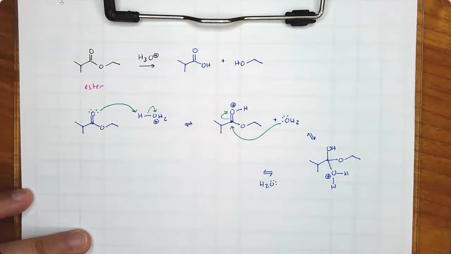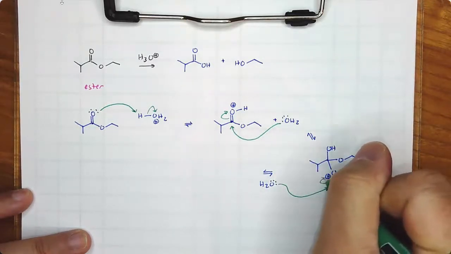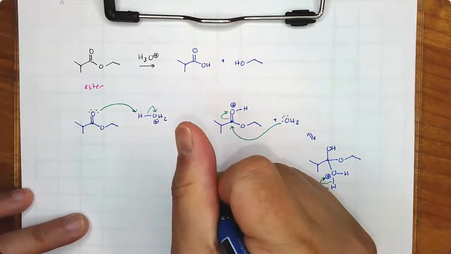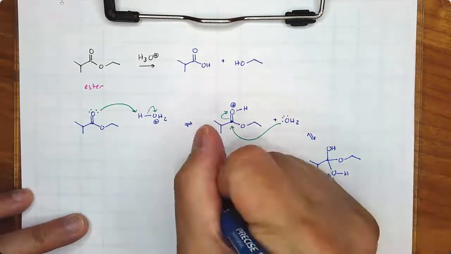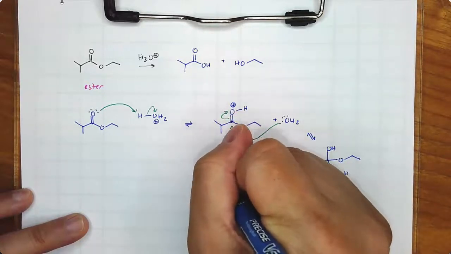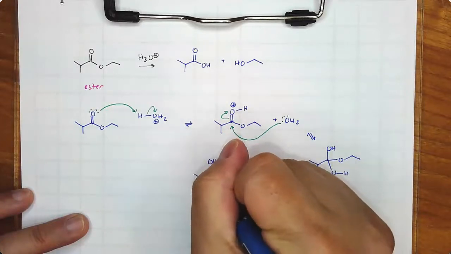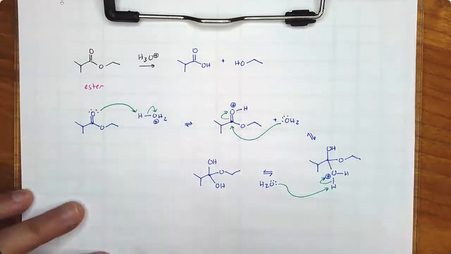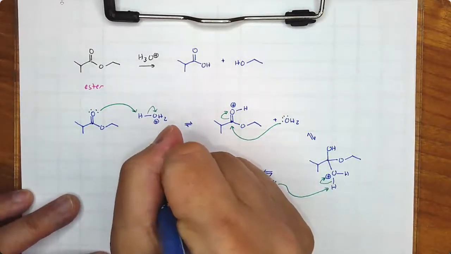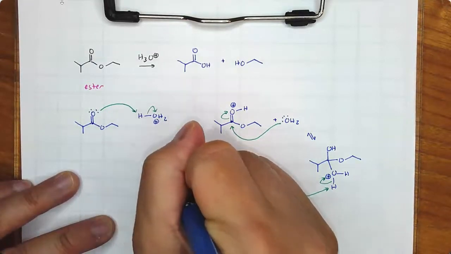Definitely when you do the mechanism for Fischer esterification, you go through this intermediate, the neutral tetrahedral intermediate: OH, the alkoxy group, another OH. We did create acid, so I'll draw this one out like this.